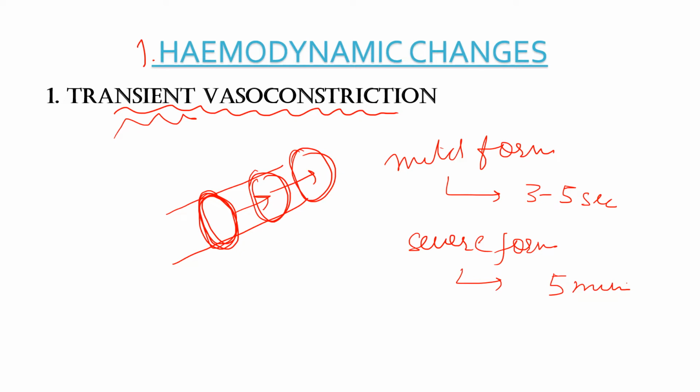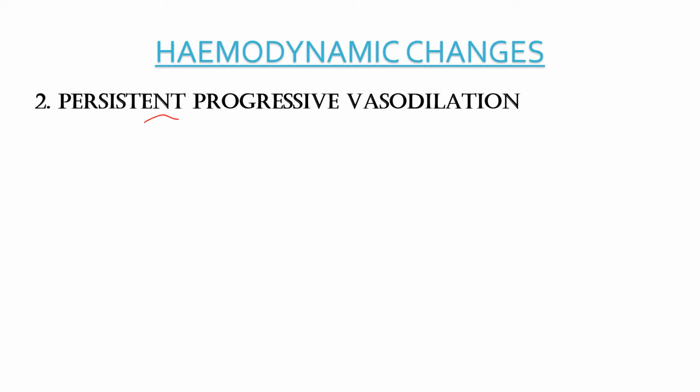The next is persistent progressive vasodilation. In this, after the transient vasoconstriction of the arteriole, the blood vessel will start to dilate. Before it was constricting, now it is starting to dilate.